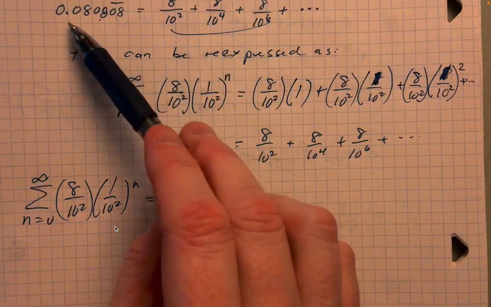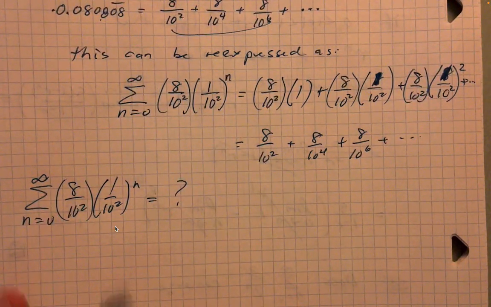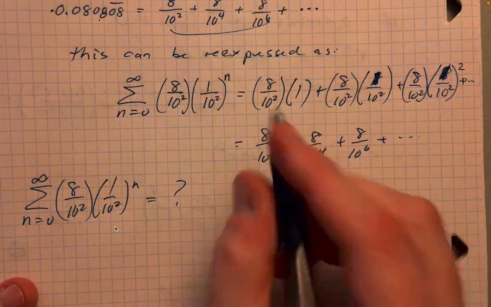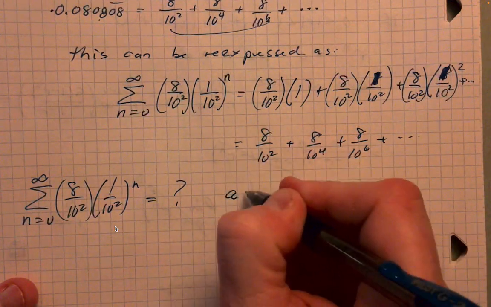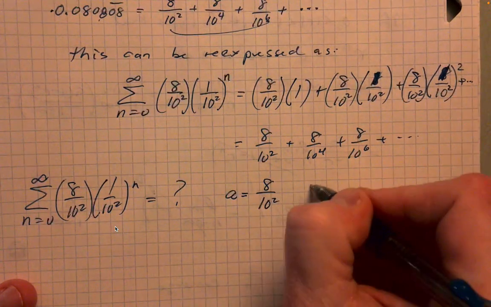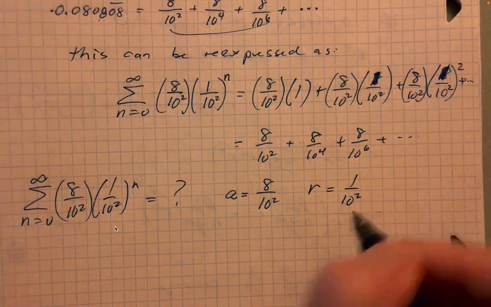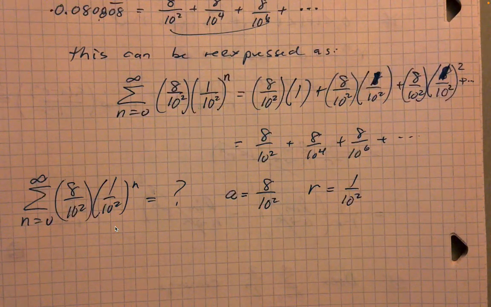We're probably going to want to say that it converges to this, because that's what it's built on. But let's use the properties from the geometric series that we just discussed. Here, a would be equal to 8 over 10 squared, and r is equal to 1 over 10 squared. Clearly r is between 0 and 1.